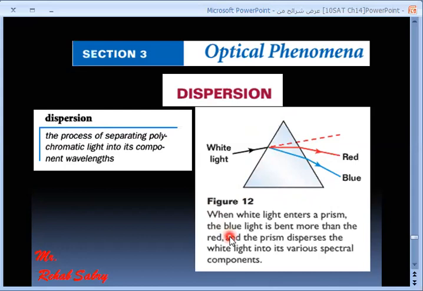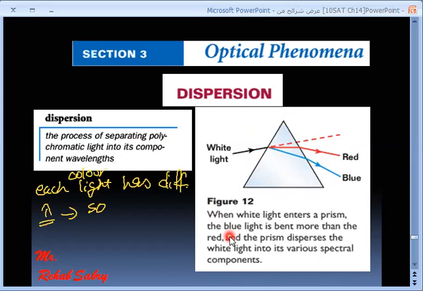Each color has a different wavelength, so it has a different refractive index, so a different angle of refraction.